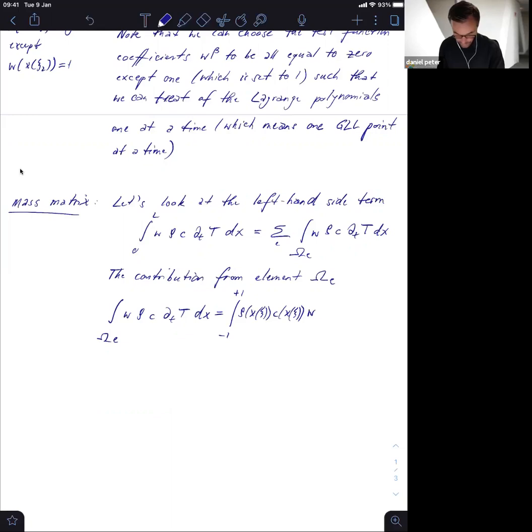We have W of x of xi, and then the time derivative of the temperature field times the Jacobian times d xi now. So the Jacobian deals with the mapping to the reference element, and now we integrate over xi rather than x.